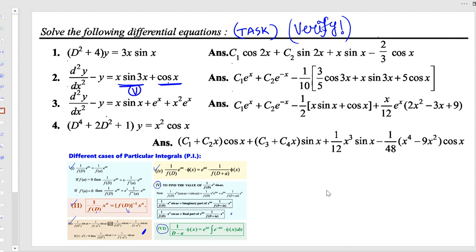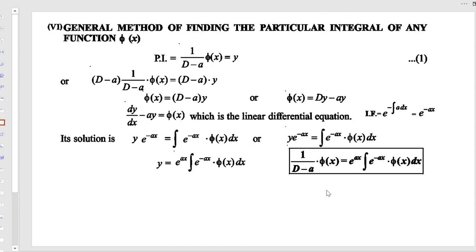This is 5 and this is third. Here we'll have, this is 5, this is 1, and for this one you will get 4. This is a case of 5. It is a mixed type. Here also we will apply rule 5. So try to verify these results.